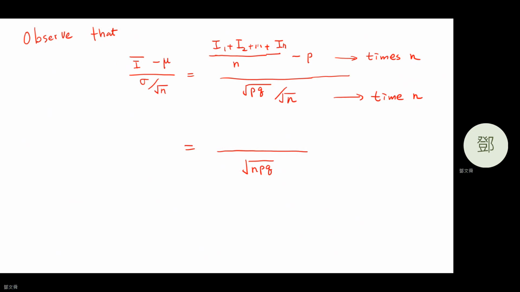It is I1 plus I2 plus all the way to IN minus n times p, and it is very close to N(0,1).